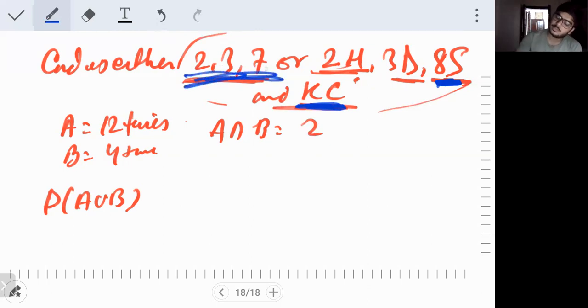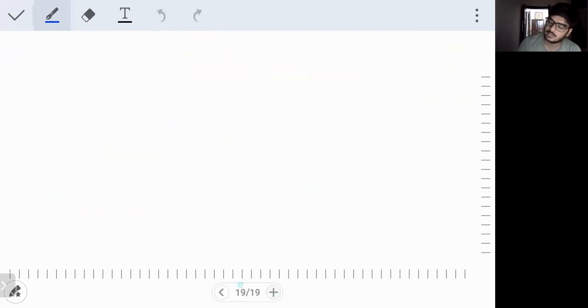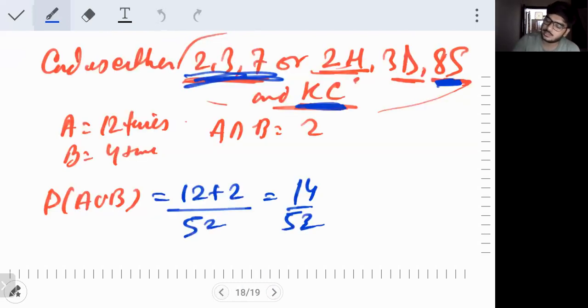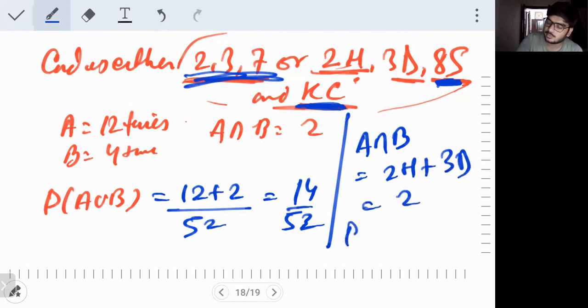Total will be 12 plus 2 upon 52, which is equal to 14 upon 52. If we are asked about A intersection B, it will be the 2 cases, the 2 of heart and the 3 of diamond, that is 2. The probability of A intersection B is 2 upon 52. Simple.